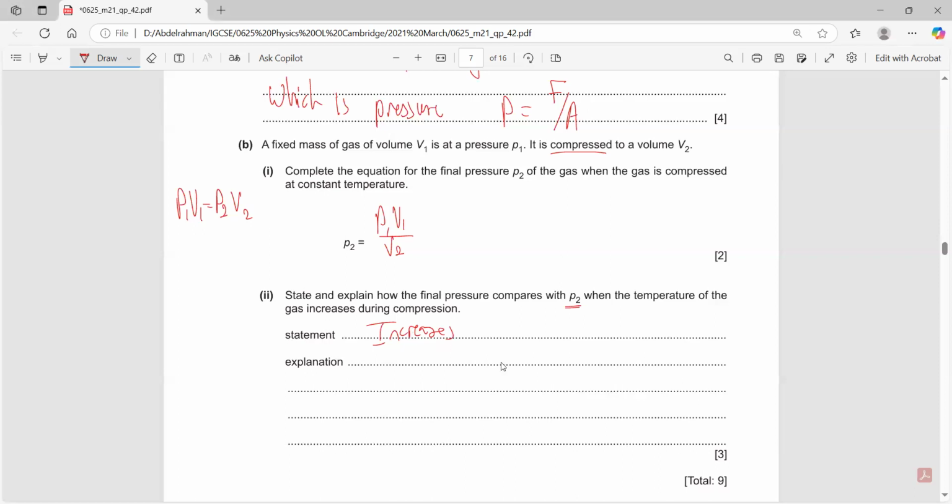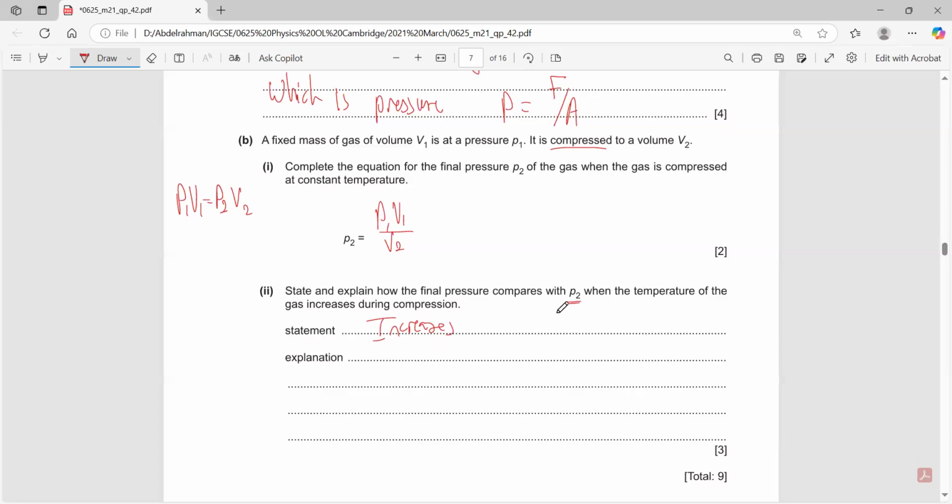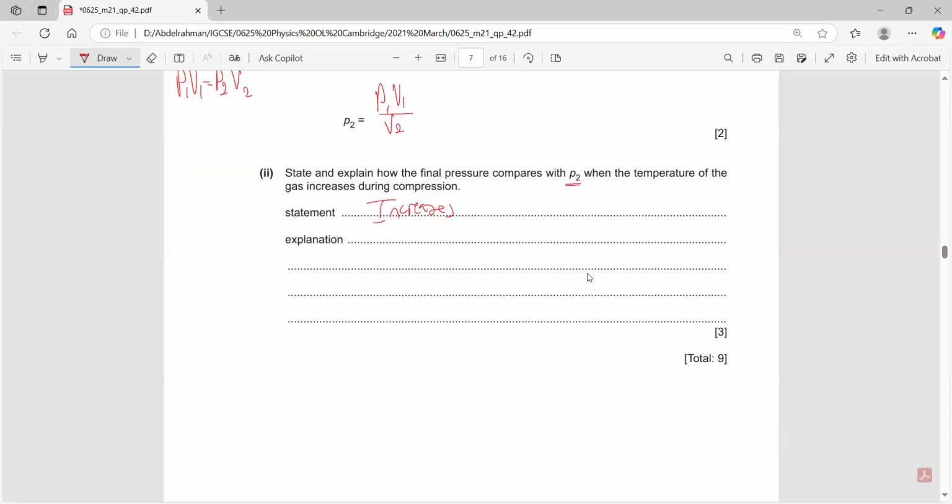You can say that the gas molecules gain kinetic energy. They move faster, collide with the walls harder and more frequently.